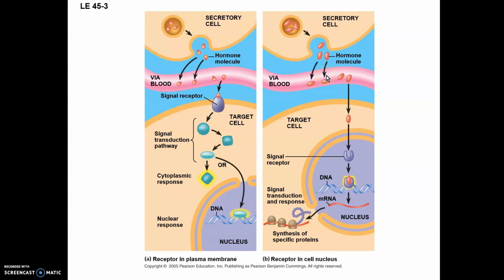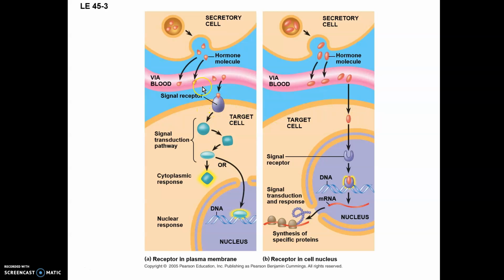Whereas a steroid hormone, found here on the right side, is going to move through the cell membrane, through the nuclear membrane, directly into the nucleus and cause some response to happen. In this case, most likely some kind of transcription or translation event. And so these are how the hormones are different.